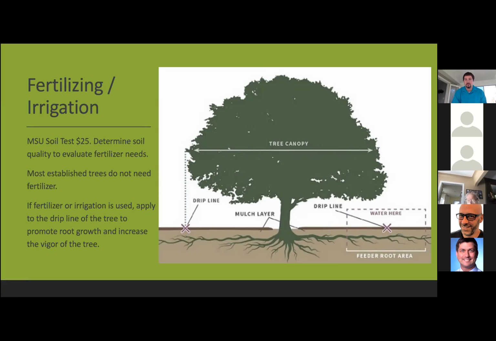But unfortunately, the average lifespan of a street tree is about 40 years. And a red oak out in a woodlot could live 200 or 300 years. So you just kind of got to keep in mind that that's just a really harsh environment, and that those trees tend to really struggle to become the big, beautiful, iconic park trees that everybody kind of wishes they had in their front yard.